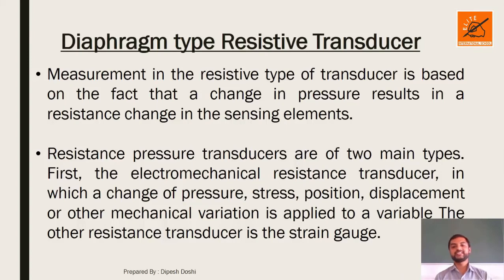So there are mainly two types: the electromechanical transducer, in which you can measure pressure, stress, position and displacement, and the strain gauge.